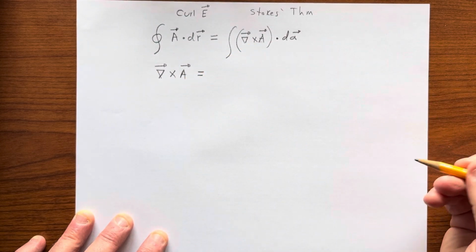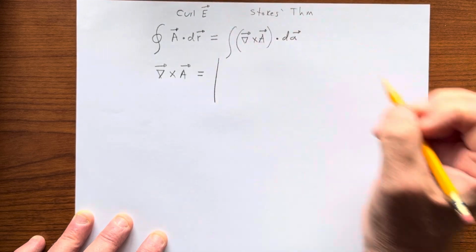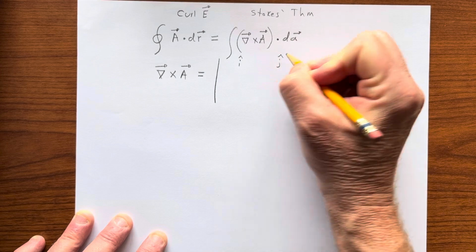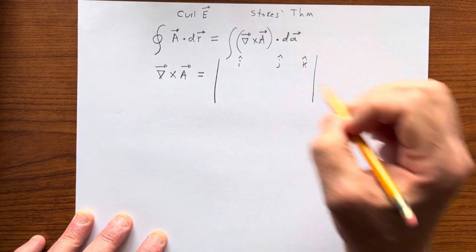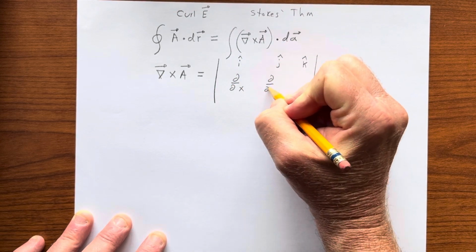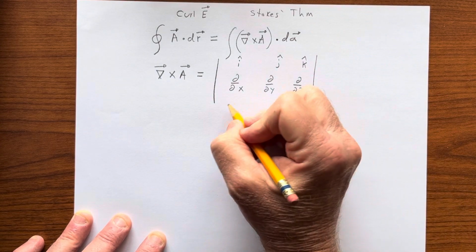So the curl, what do we mean by the curl of a vector field A? Well, it depends on the coordinates, but in Cartesian coordinates, we'll get it from the usual matrix. Right, so we have derivatives in x, y, and z of the components of this vector field.